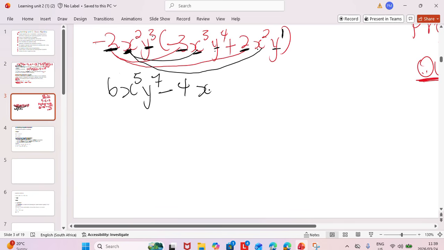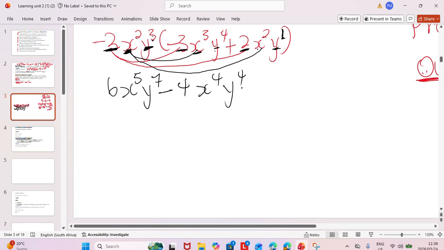The bases are the same. You are multiplying, and then you need to add the exponents. 2 plus 2 is 4. You move to y. y is to the power of 3 multiplied by y to the power of 1. The bases are the same. You add the exponents. 3 plus 1 is 4. Then you are done expanding algebra.